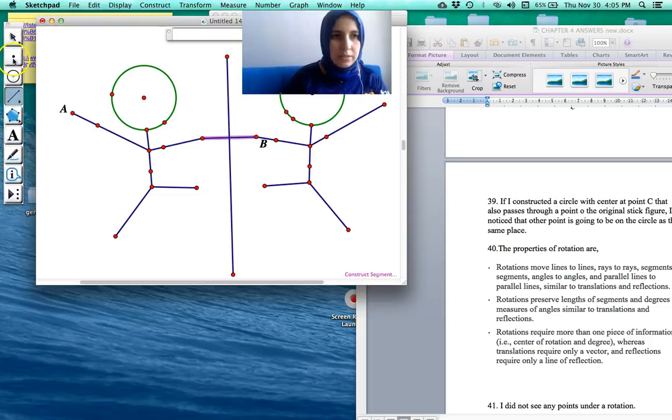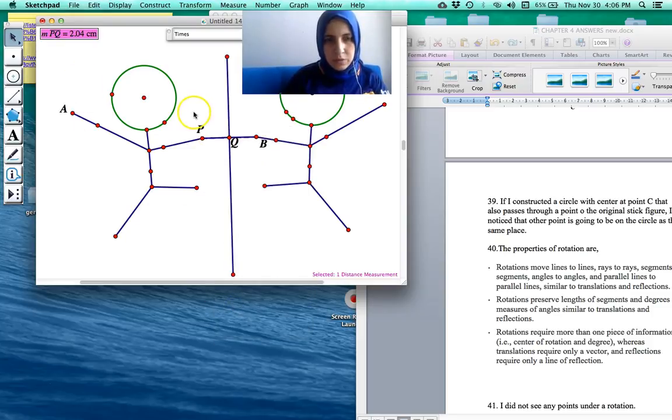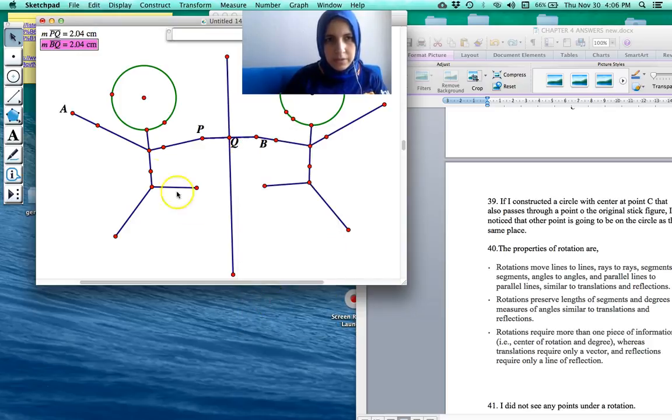Look at this, and then go to this one. Yes, find the distance. 2.04, and what about the other one? Yes, they are totally the same length.